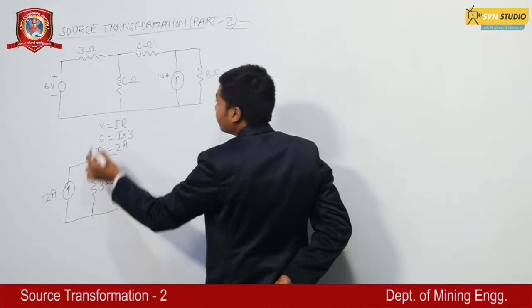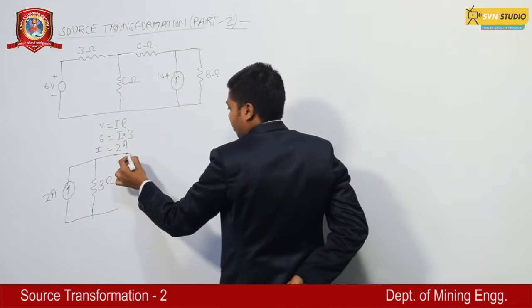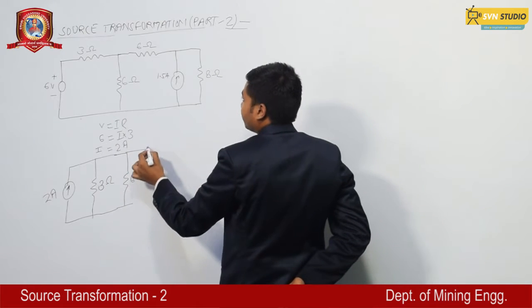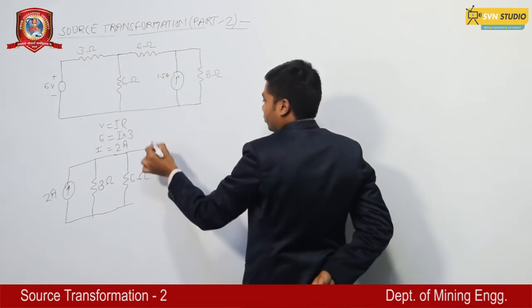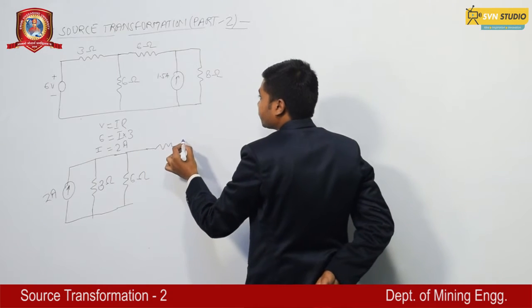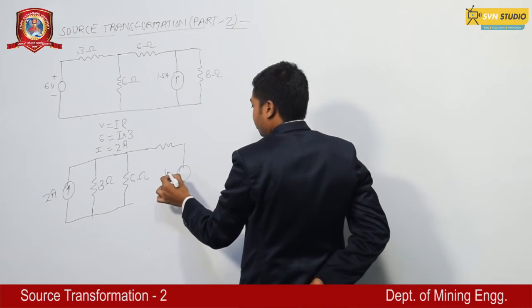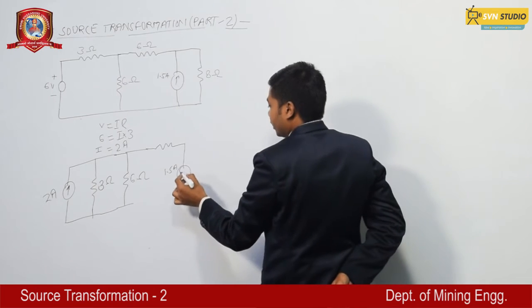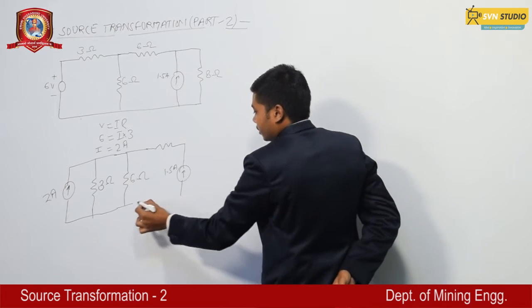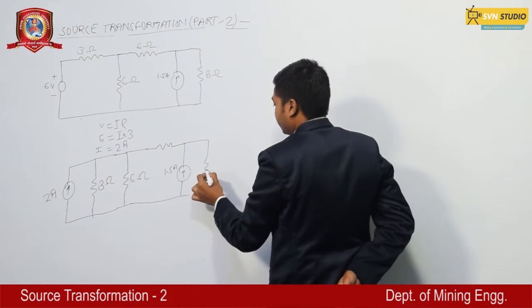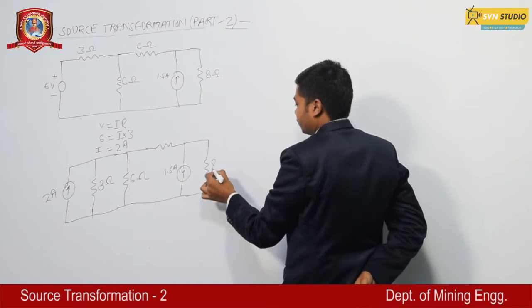It is connected in parallel with 6 ohm. This 6 ohm will remain the same and this current source will remain the same. It is 1.5 ampere, direction is this type, and lastly it is connected with a resistance of 8 ohm.